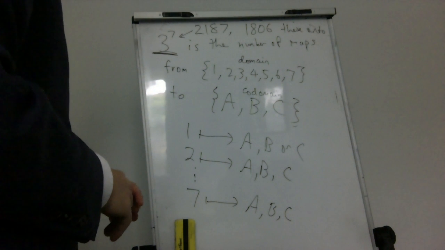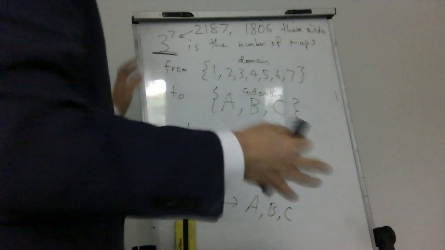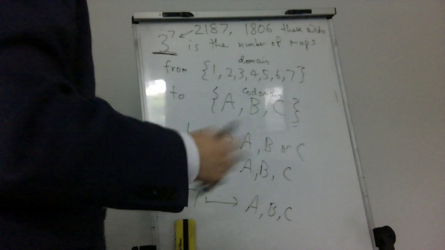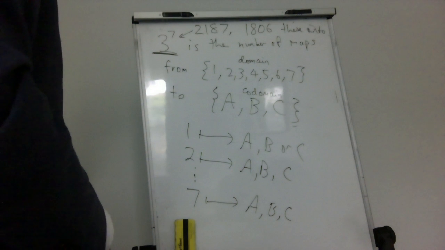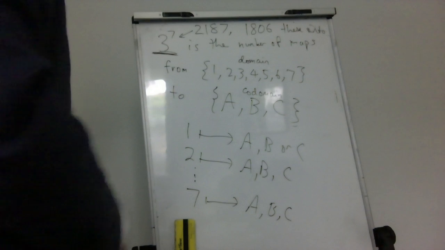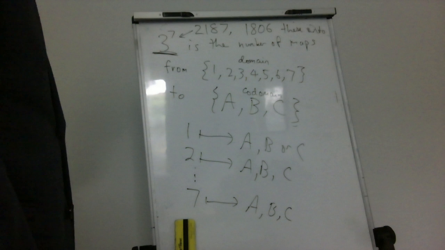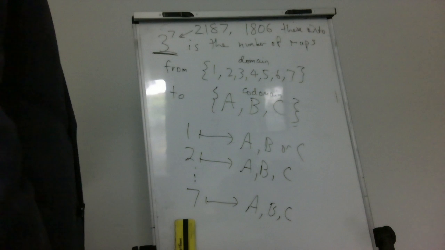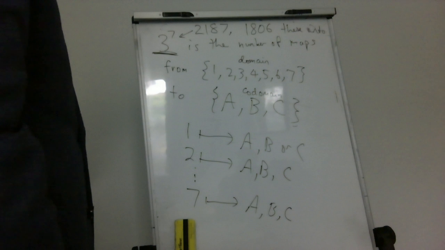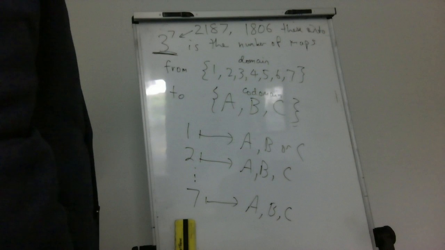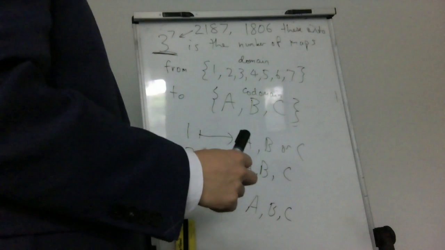Clearly the function that sends everything to A is not onto. If it sends everything to B, it's not onto. So we need to pick something for A, B, and C. One way of doing it is to figure out what goes to A. One of the things about counting is you have to be systematic, or you miss stuff.